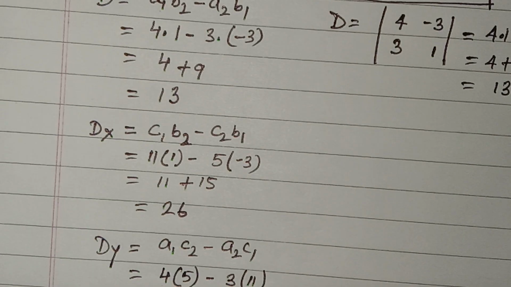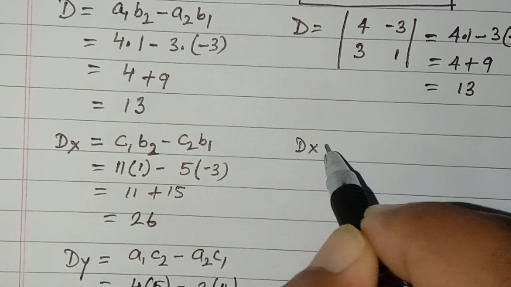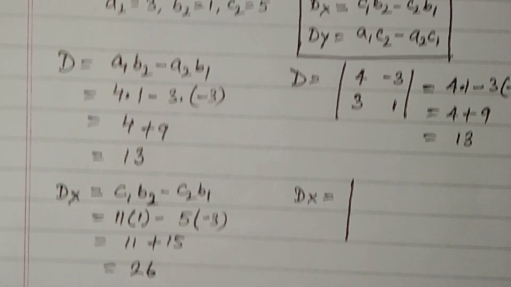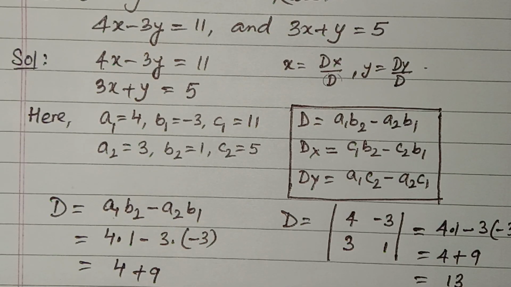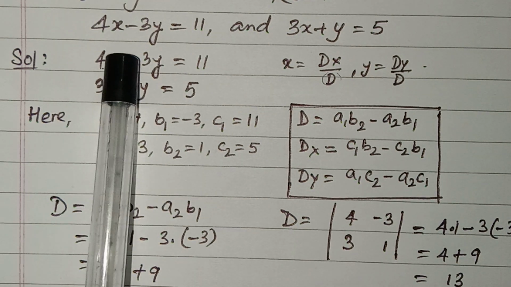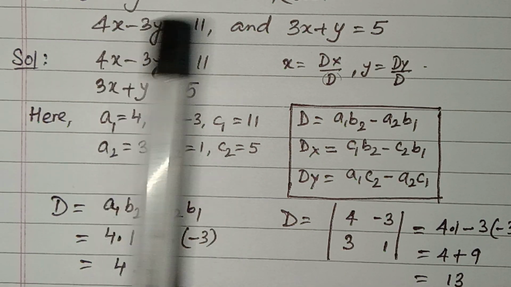Dear friends, let me tell you how we can find dx as a determinant. While finding the determinant of x, remove the x part from here and put the constant part here.